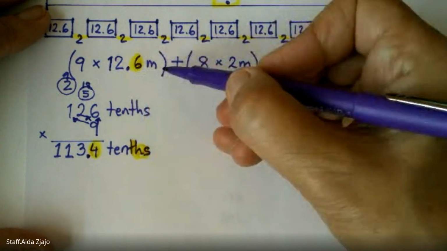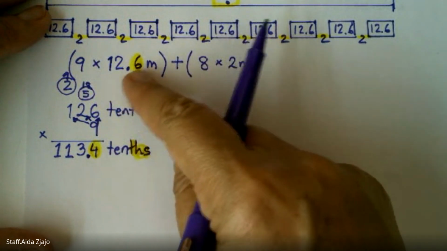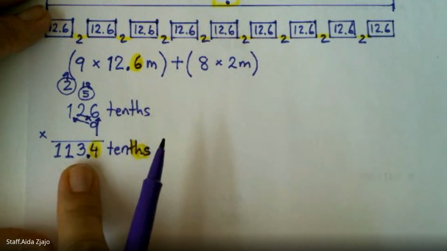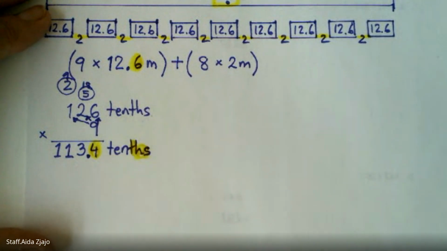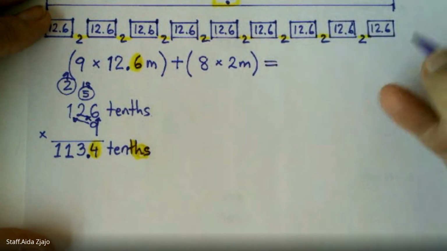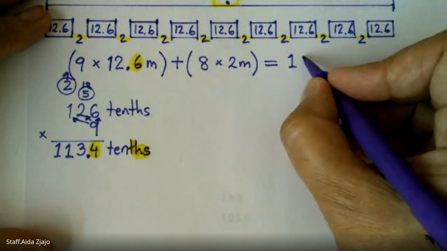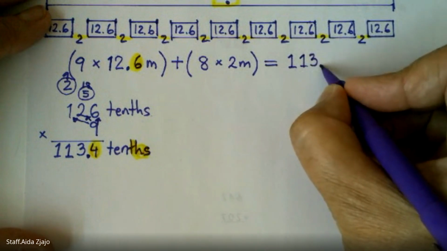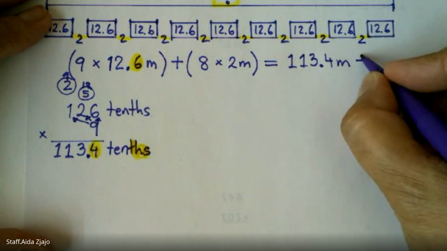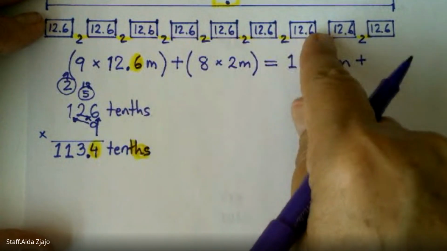So the answer of 9 times 12.6 meters equals 113.4 meters. Now I go down: 113.4 meters plus, remember I was counting 2, 4, 6, 8, 10, 12, 14, 16.